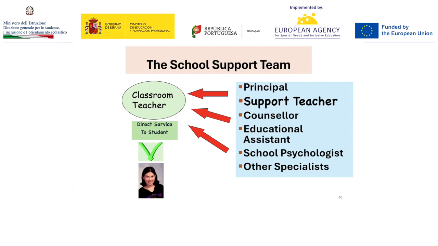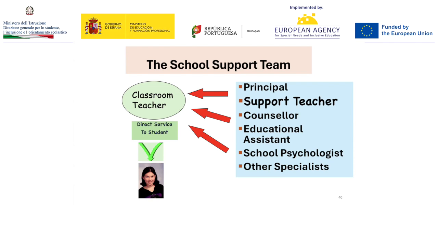All of the people in the blue box go to their school each day with one purpose: to help and assist classroom teachers to be effective in teaching students. That's why they're there. That's why they have their positions.